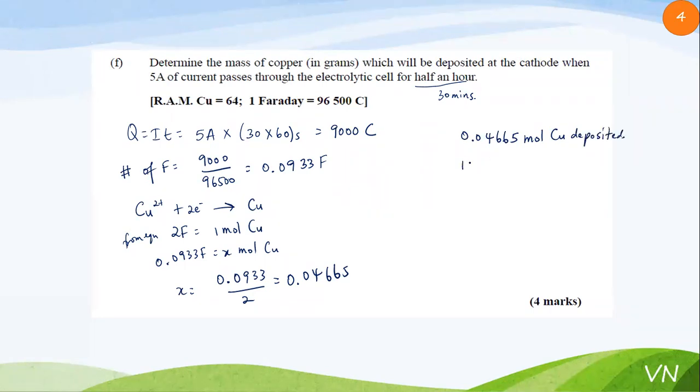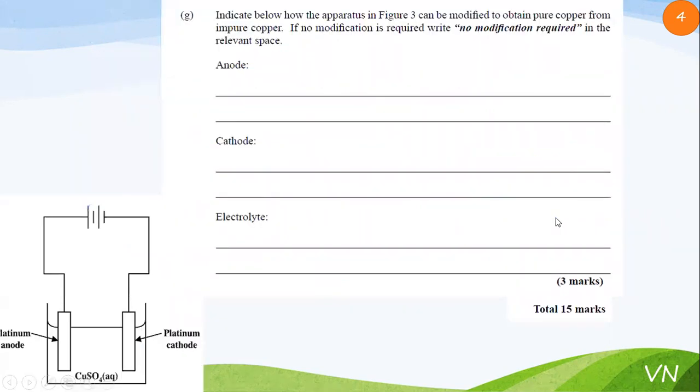The question gives us that 1 mole of copper is equal to 64 grams. So therefore this amount, 0.04665 moles, will equal 64 grams multiplied by the same number, 0.04665, and that is equal to approximately 3 grams.